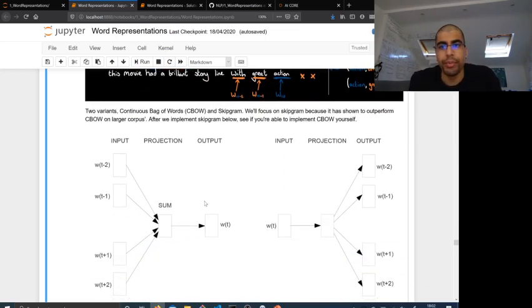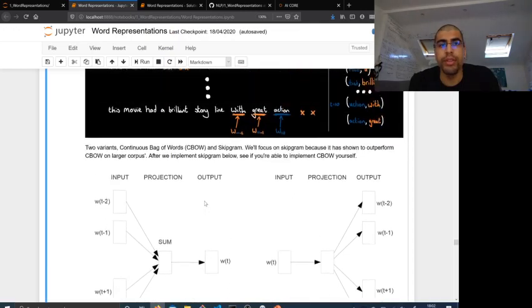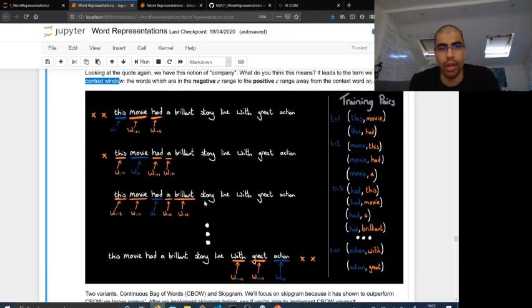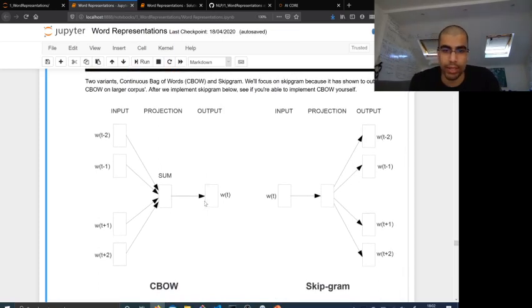The two variants of Word2Vec which I discussed earlier on are continuous bag of words, which I like to call Sibao, and skipgram. We're going to focus on skipgram because it's been shown to outperform Sibao on a larger corpus.